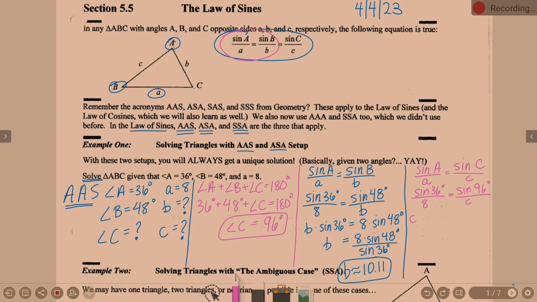So C times sine of 36 degrees is equal to 8 times sine of 96 degrees. And then in order to solve for C, we're going to divide. So C is going to be 8 times sine of 96 degrees divided by sine of 36 degrees.